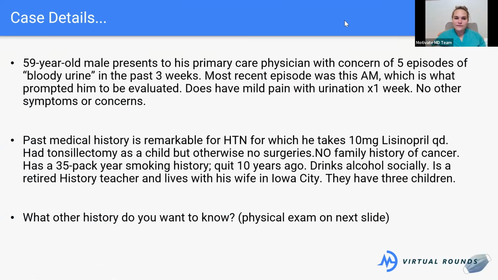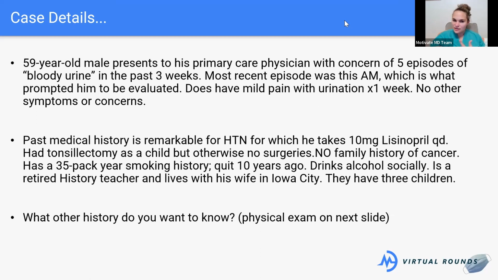You have a 59-year-old male. He comes to his primary care physician, or he comes to you, with concerns of 5 episodes of bloody urine in the past 3 weeks. His most recent episode was this morning, which is what prompted him to come into your clinic. He does have some mild pain with urination, going on for 1 week, but no other symptoms or concerns.